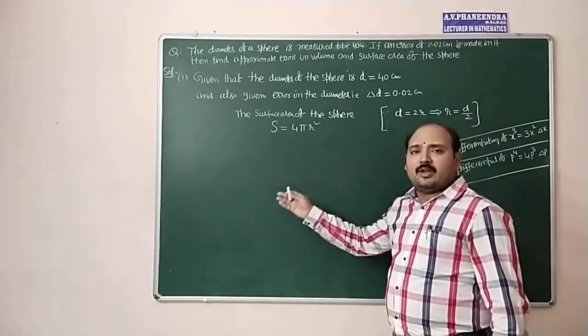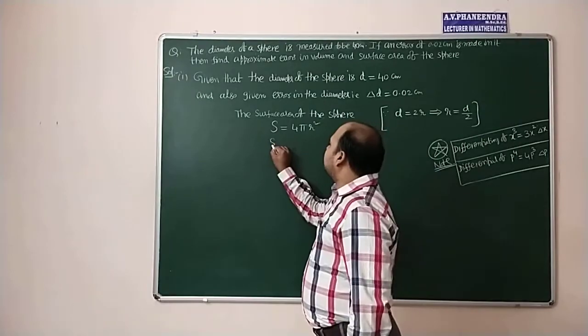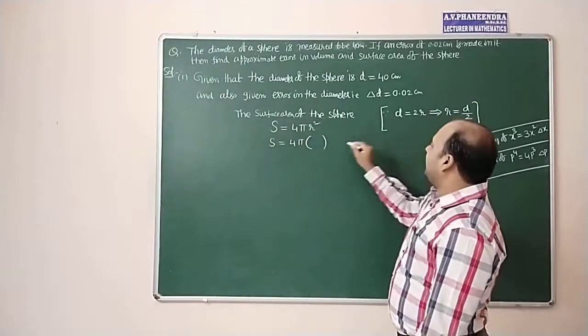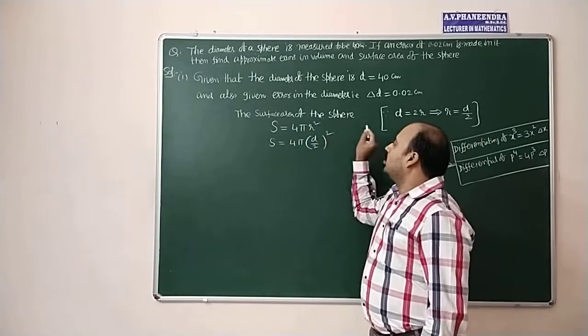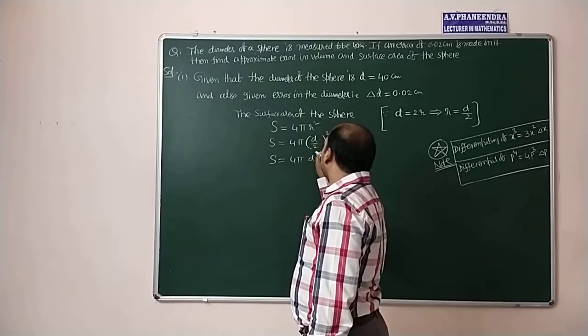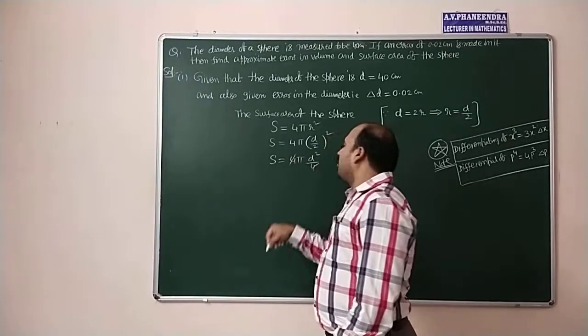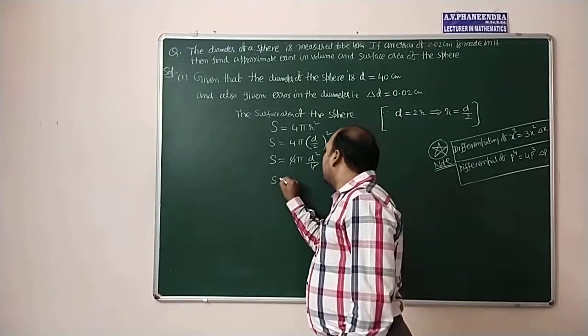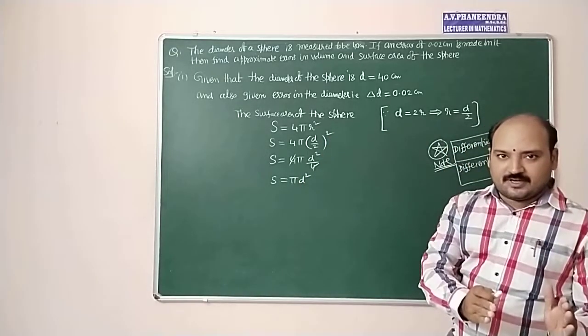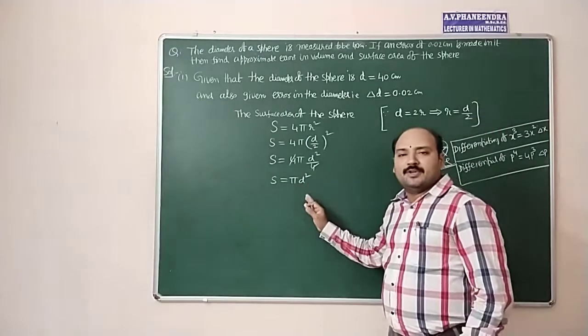So S is equal to 4 pi, in place of r, D by 2 whole square. So S is equal to 4 pi into D square divided by 4. 4 get cancelled. S is equal to pi D square. Now this is the surface area of the sphere in terms of diameter.